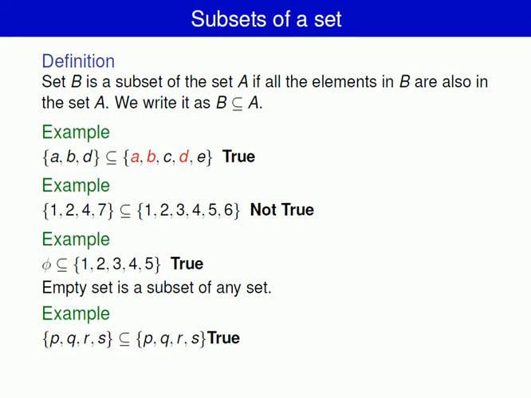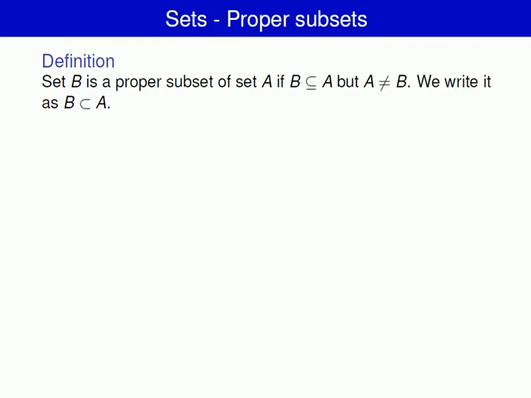If you look at the first example here and the last example we discussed, there's a difference. Both are subsets. {A, B, D} is a subset of {A, B, C, D, E}, and also {P, Q, R, S} is a subset of the set containing P, Q, R, S. So both are true, but in the last case, it's the same set. While it's still a subset, we want to distinguish between the first example and the last example. And we come to the definition of proper subsets.